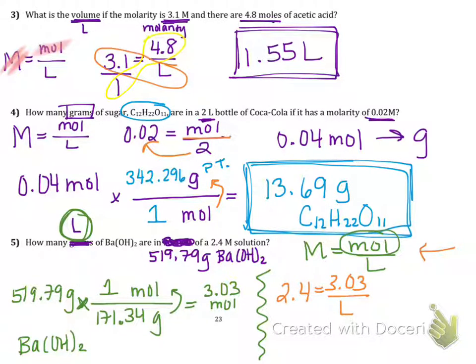Remember, liters is on the bottom, so you can't just multiply and then divide and hope for the best here. So you're going to have to put this over 1. So now you have a fraction equal to another fraction. So you can now cross multiply. And hopefully you get that the answer is 1.26 liters.